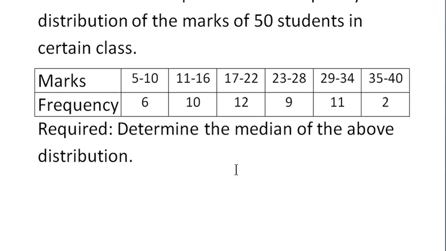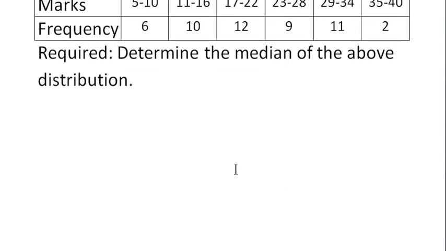Now the first thing we have to do is to present a solution table for this analysis. But before that we are going to bring up a formula for calculation of the median of a group data.